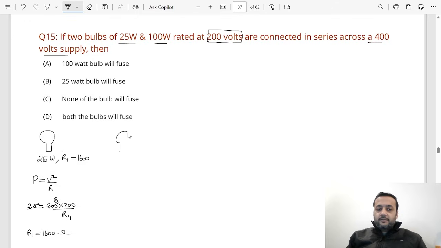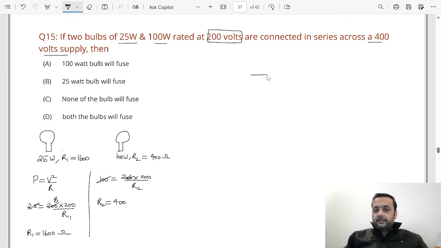Similarly for the second bulb, whose rating is 100 watt, let us say the resistance is R2. Using the same formula, power of this bulb is 100, which equals V squared, with V as 200 into 200, upon R2. So R2 becomes 400 ohms. Now these two bulbs are connected to a 400 volt supply.